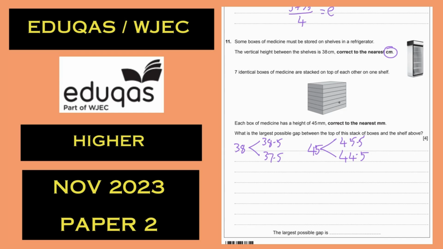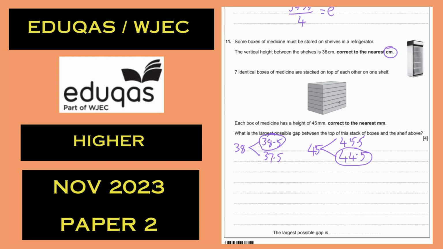In this context, I would argue that the largest possible gap is your best case scenario. So our best case scenario is when the thing which we are filling in, the stacker, whatever you want to call it, is as big as possible, and the things we're putting into it are as small as possible.